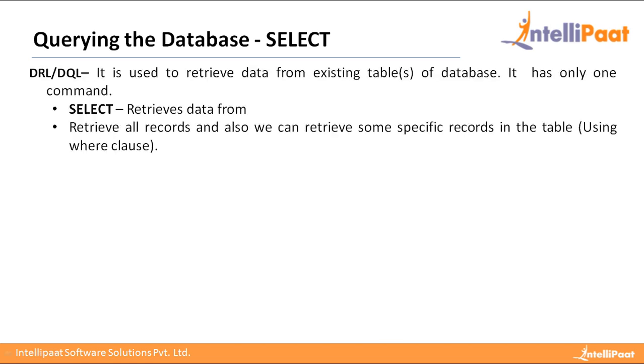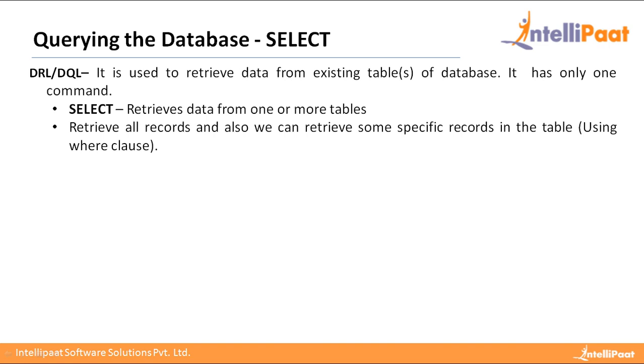Here we have one of the sublanguages called DRL or DQL, meaning data retrieval language or data query language. What is it used for? It is used to retrieve the data from existing tables of a database. It has only one command, which is select.